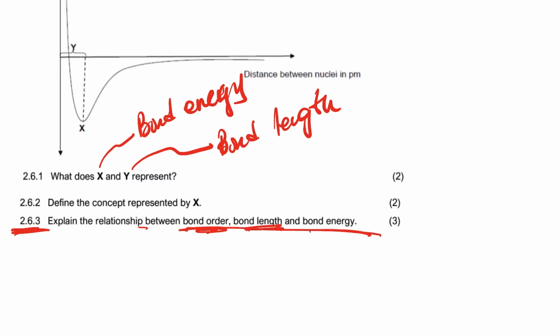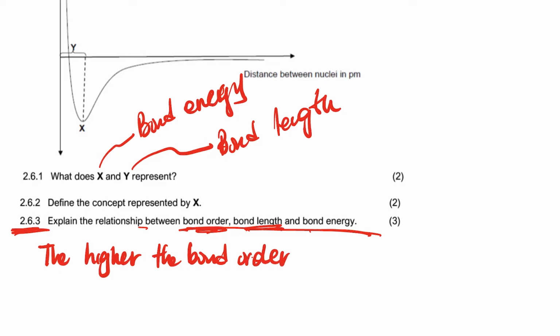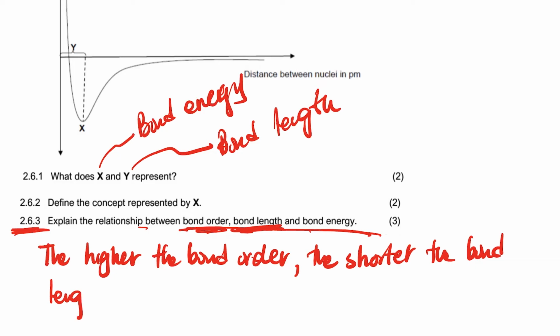The higher the bond order, when we're going from single bond to double bond to triple bond, the shorter the bond length.